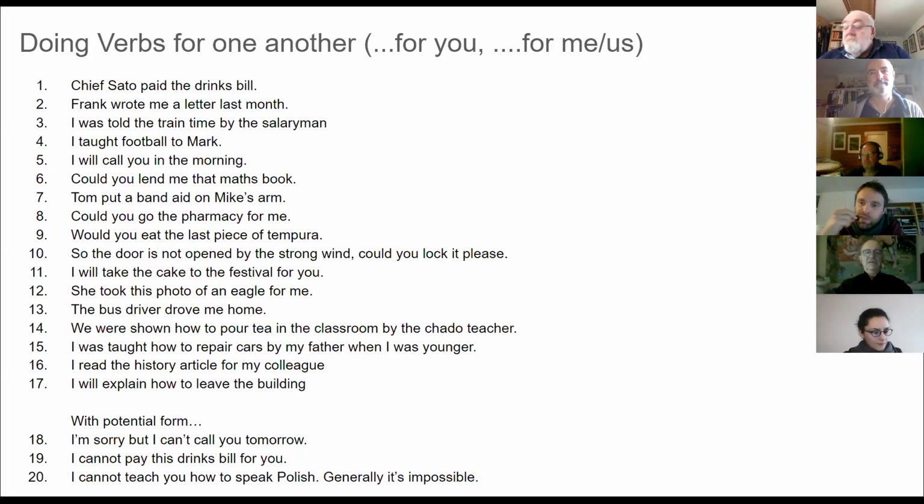Okay, so we're going to go with the kuremashita. Okay, I will do it. Chado teacher, Chado sensei. I need to write down because I forget it. Chado sensei wa. Actually, let's put it on the screen, shall we? So everybody can see. Okay, better.